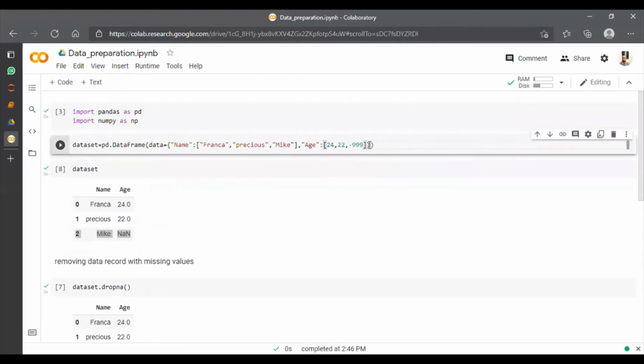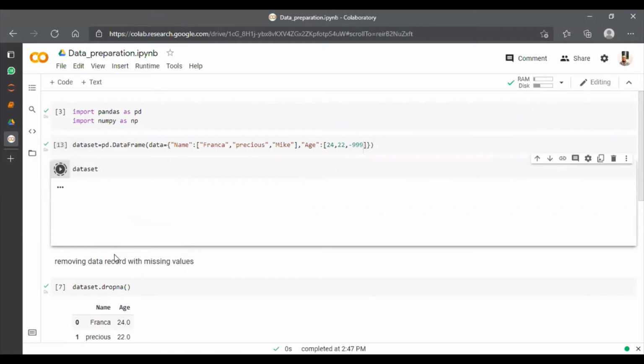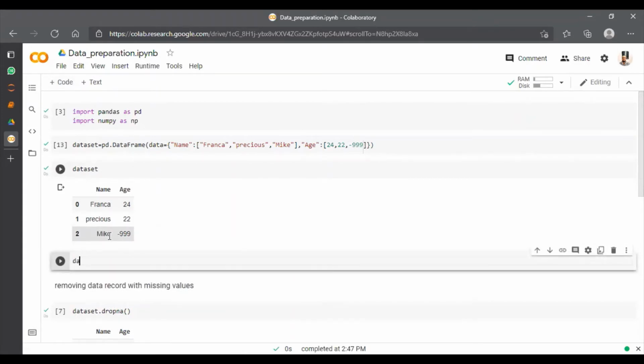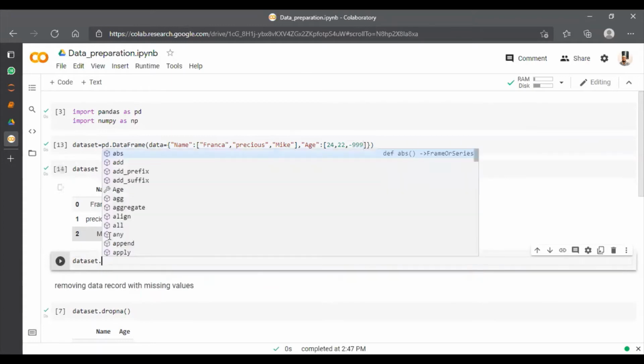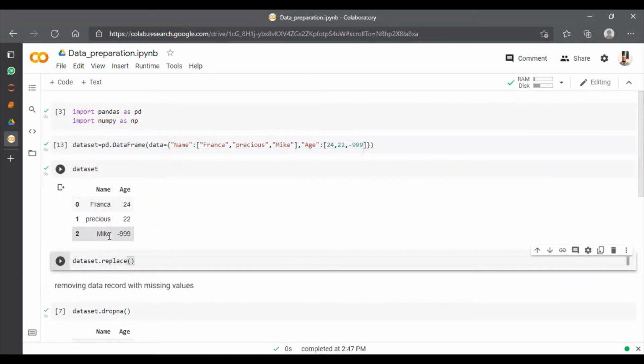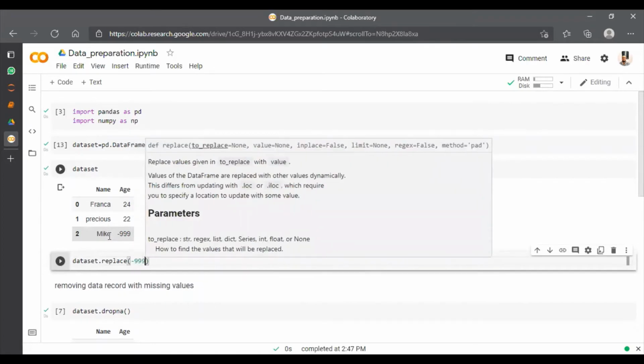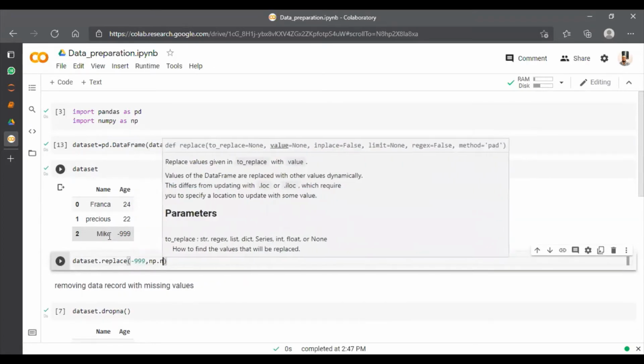This is another standard form of representing missing values. So you know that anywhere you see -999 is a missing value. If you have this case, for you to remove your missing data, you have to first standardize it. That makes your data set understand that this -999 is a missing value. So you can use the replace function. So replace this -999 with np.nan.